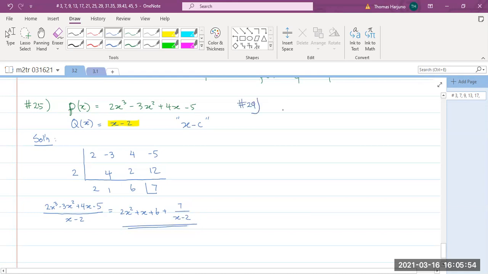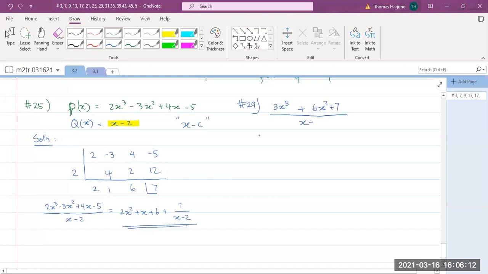Okay, the polynomial we divide is 3x to the 5th plus 6x squared plus 7 divided by x plus 2.